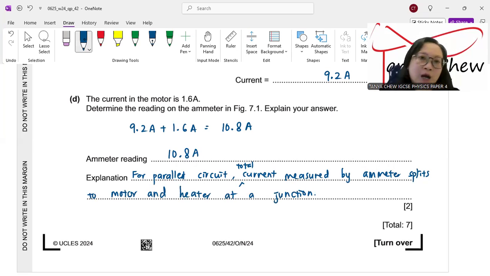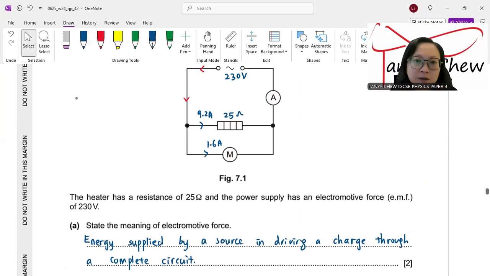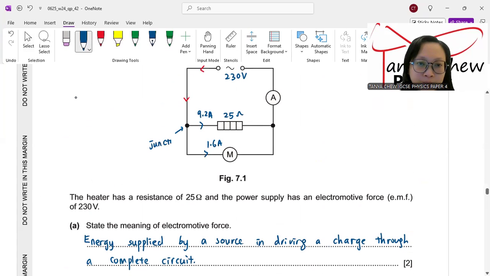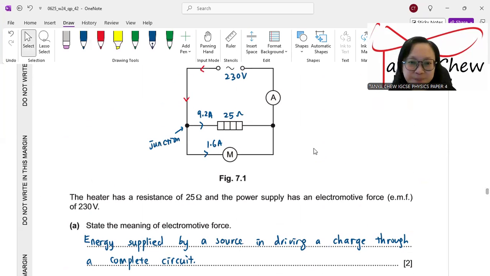Junction is the point where the current splits. In our case, this is what we call the junction. Right, so that's the answer.